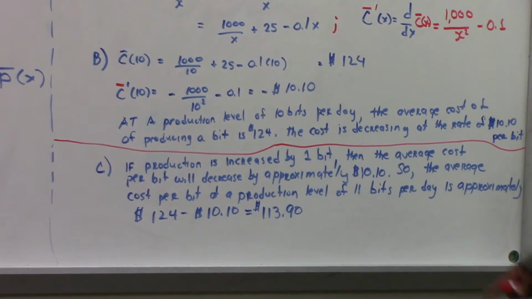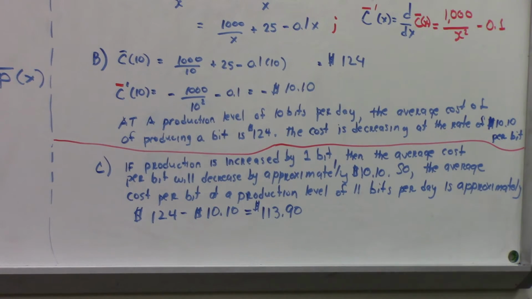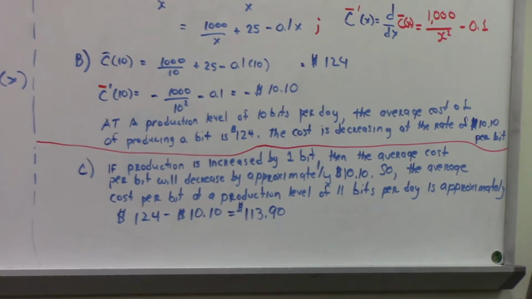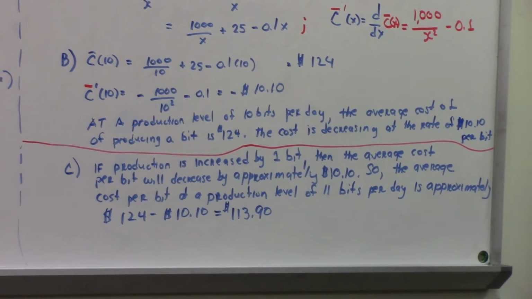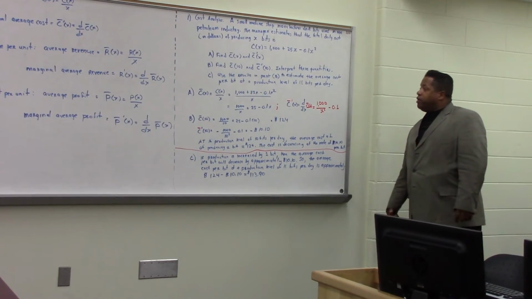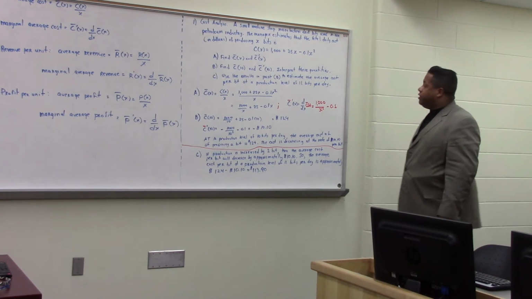So the average cost per bit at a production level of 11 bits per day is approximately 124 minus $10.10, which is going to equal $113.90.